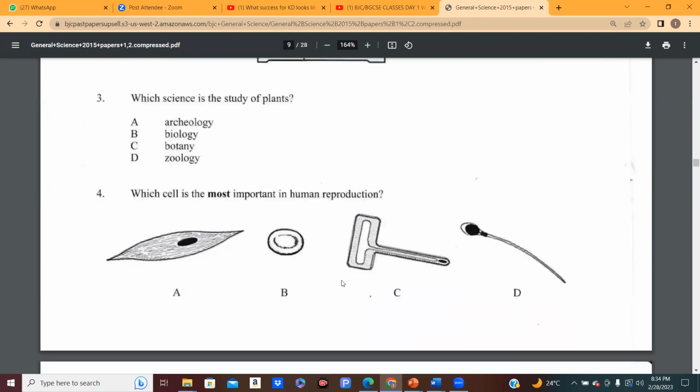Serenity, number 3. Which science is the study of plants? Is it archaeology, biology, botany, or zoology? B. No, biology, that's incorrect. Try again. A. No, that's incorrect.